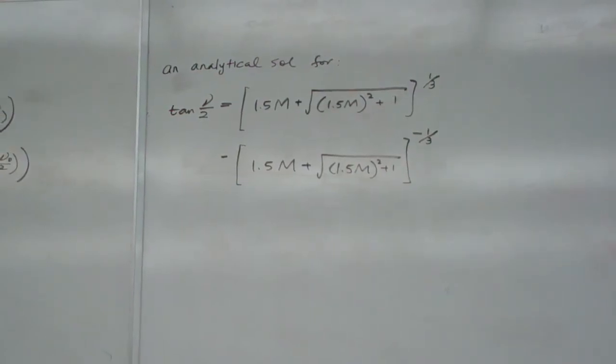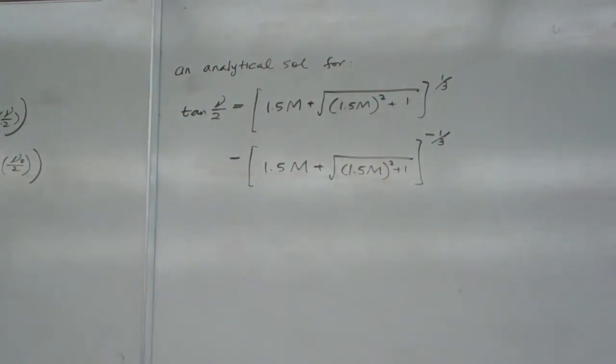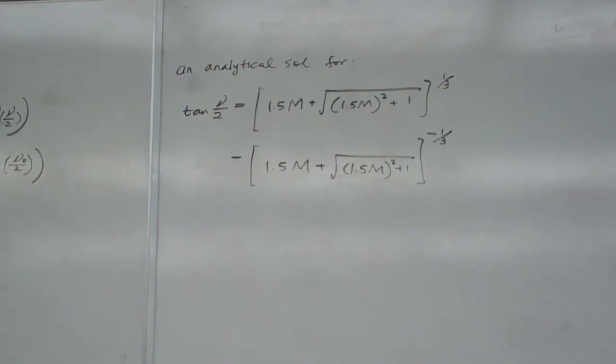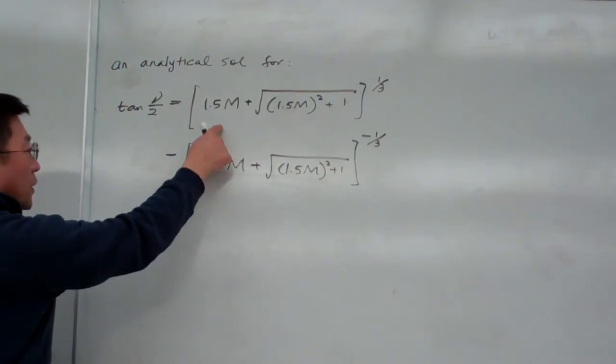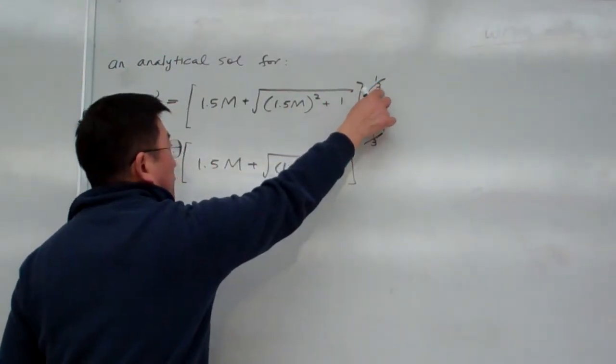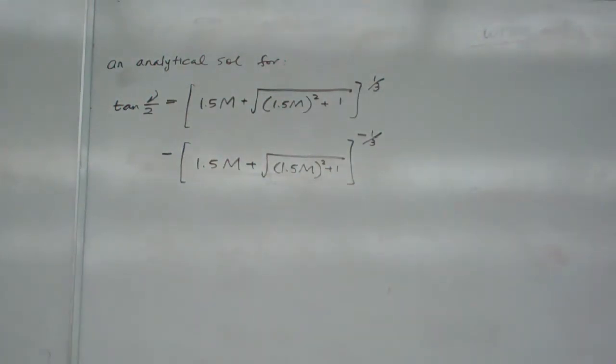Using these equations, we'll see what happens. I'll let you finish writing this equation. Basically, the contents of the equation here are the same. One is 1/3 of the roots, and the other is minus 1/3, and that's it.